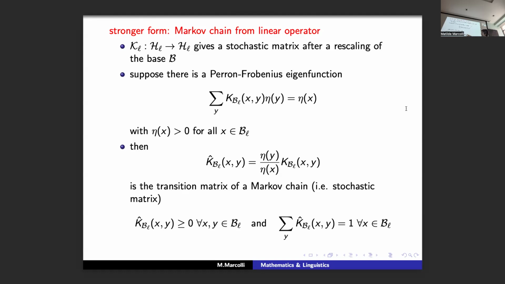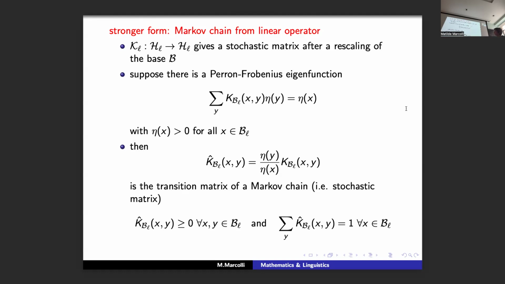This just means that in a sense you are rescaling the basis elements. So you are assigning to your given basis elements a weight that is coming from this Perron-Frobenius eigenfunction, and this makes your operator, in the new rescaled basis, a Markov chain.